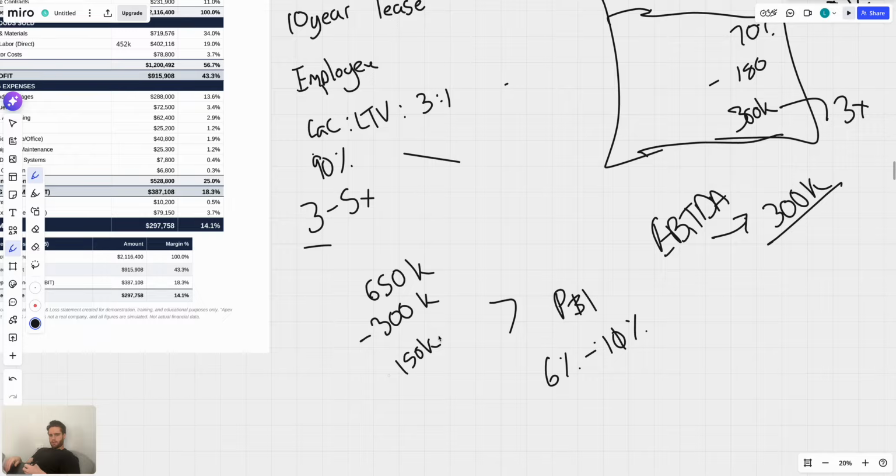So using that math, you're going to be paying 150k a year in debt for this business loan, which we know, based on the EBITDA, we're able to cover 2 times. We're in the bank's lending parameters.